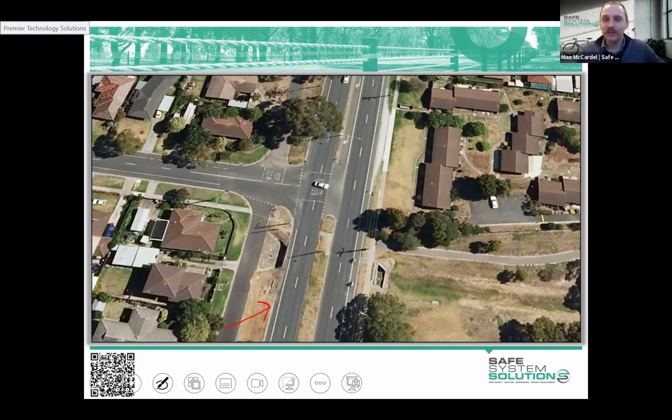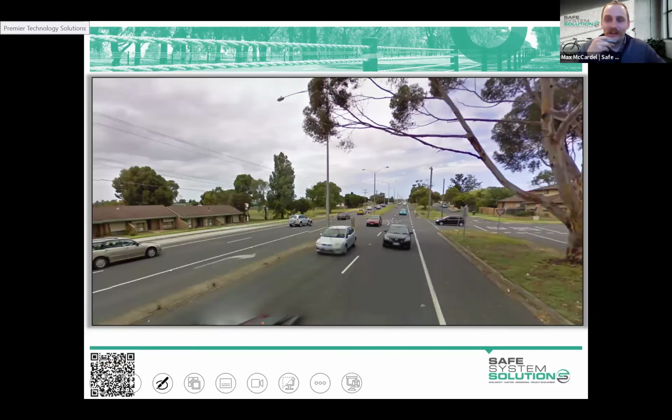I'll show you some images on the ground now, how this site looks. And that's the minor leg to the right there. You can see the bus shelter, the bus bay is there on the left. You can see there's a little bicycle symbol there for the bicycle lane.